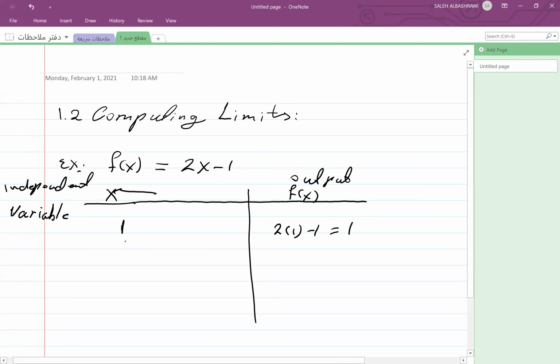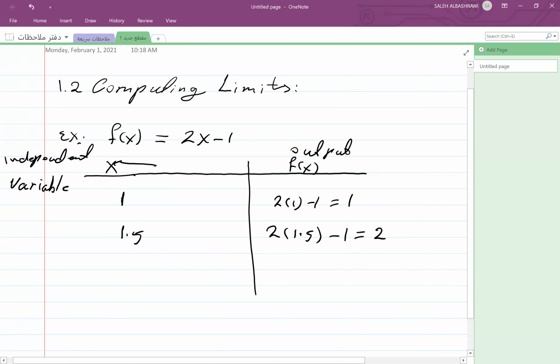Now if x equals 1.5, see what the output will be: 2 multiplied by 1.5 is 3, minus 1 is equal to 2. If x equals 1.7, I will have 2 multiplied by 1.7 minus 1, that will be 2.4.